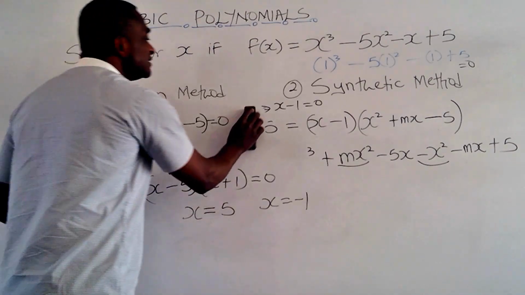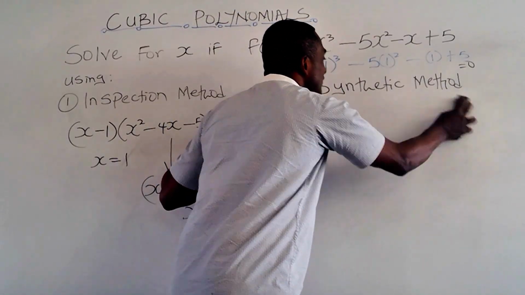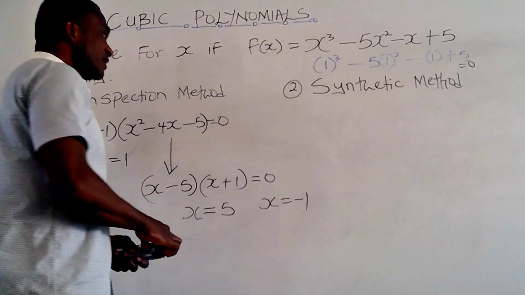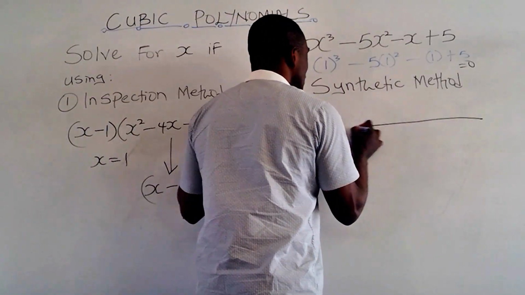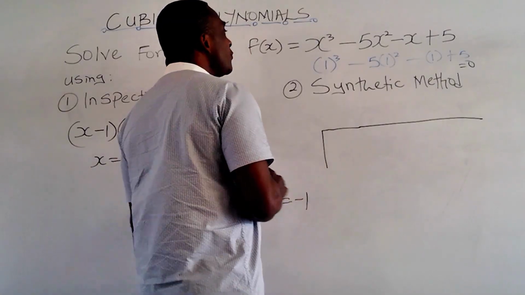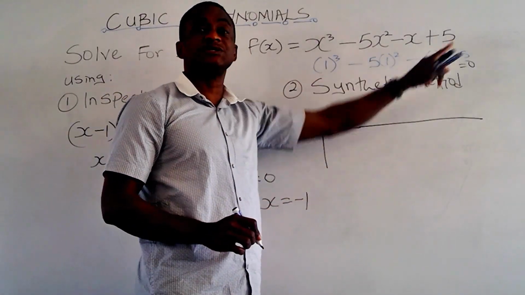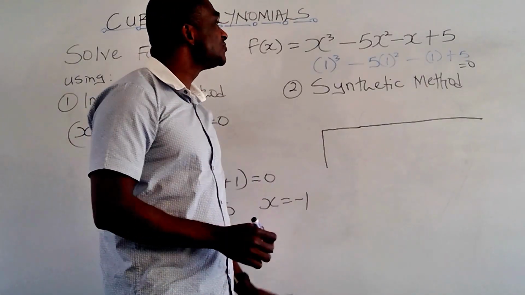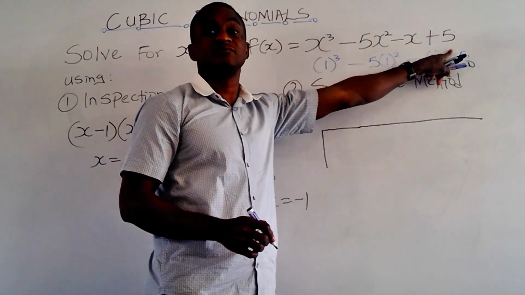Now let's look at the synthetic method and how we can use it to solve problems. For the synthetic method, it is actually faster to work with. What we do is we go to the given function and write out the coefficients for every part of it.